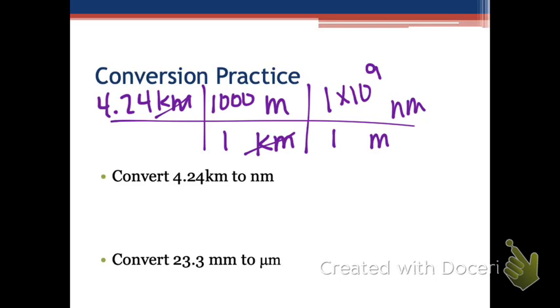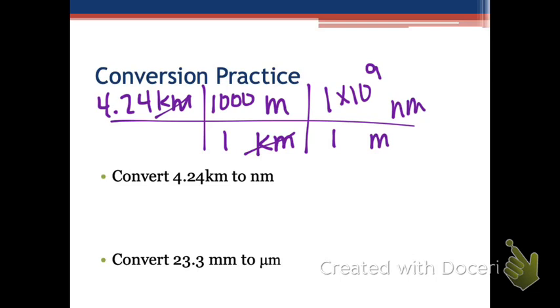You take a 1 and you move this decimal place 1, 2, 3, 4, 5, 6, 7, 8, 9, and you fill it in with zeros. So that means a billion. Okay, 1 times 10 to the 9th is the same as a billion. So there are a billion nanometers in 1 meter.